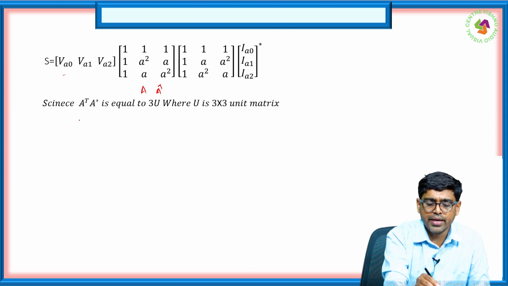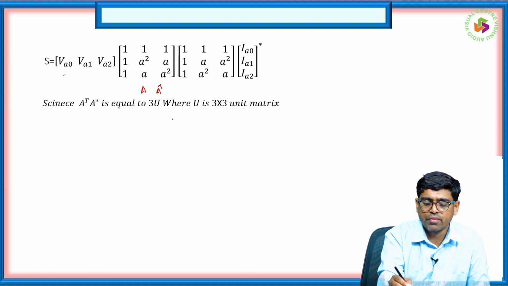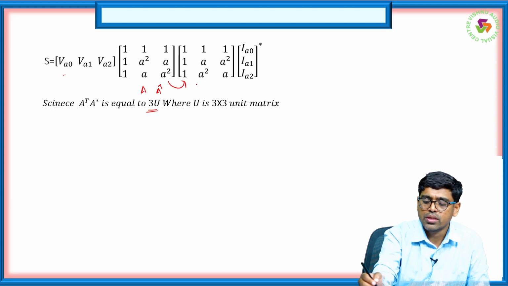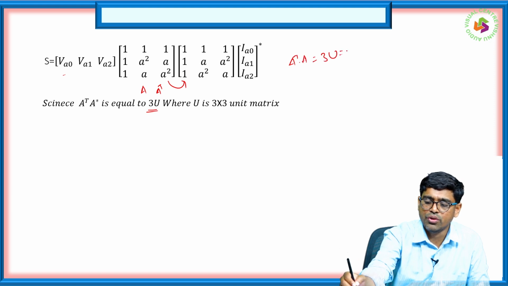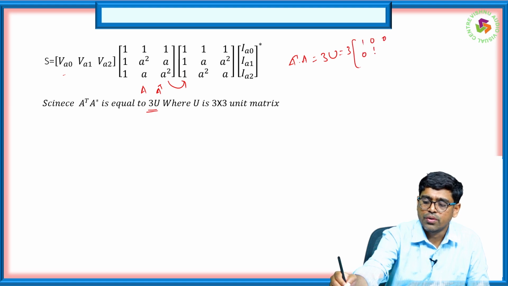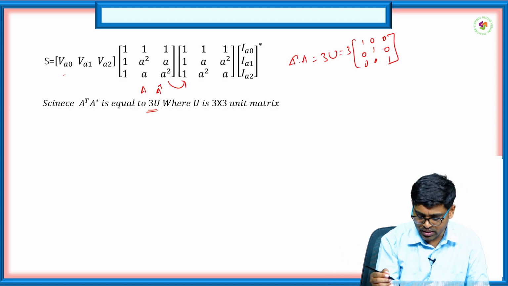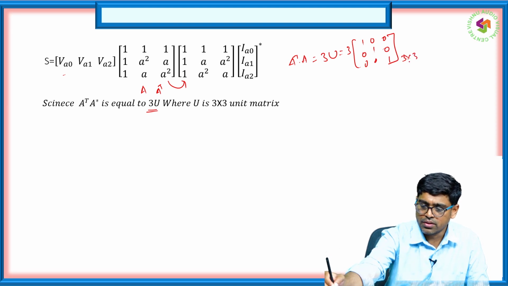And then we are calculating A transpose and A conjugate are equal to 3 into U. If you multiply these two, then we can get A into A transpose into A, we can get 3 into U. 3 into U means 3 into the unitary matrix 1 0 0, 0 1 0, 0 0 1. So this unitary matrix we can get as a 3 by 3 matrix.